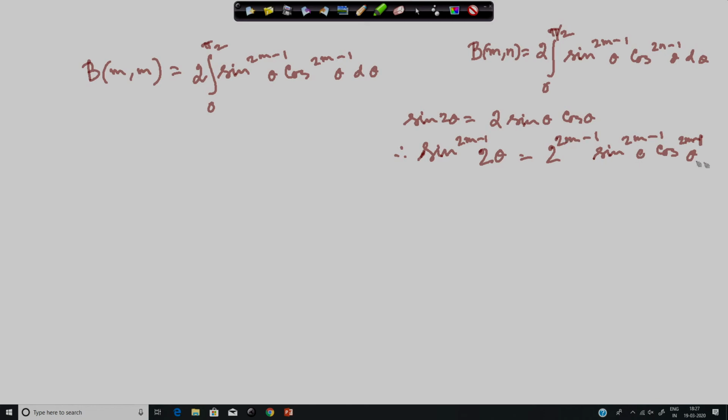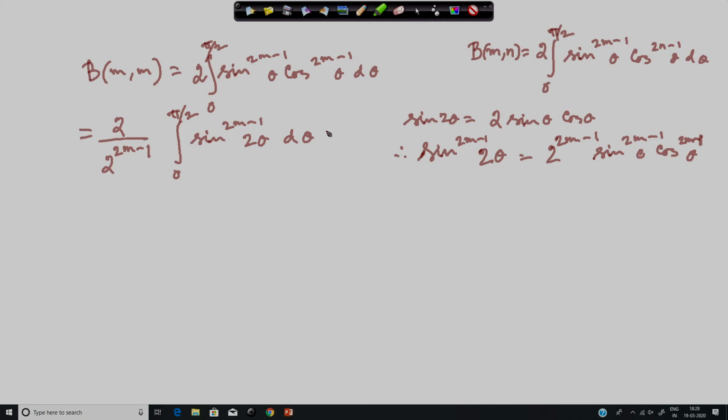So, if I need to express the integral in terms of sin 2θ, then can we write this as 2^(2m-1) times the integral from 0 to π/2 of sin^(2m-1) 2θ dθ?